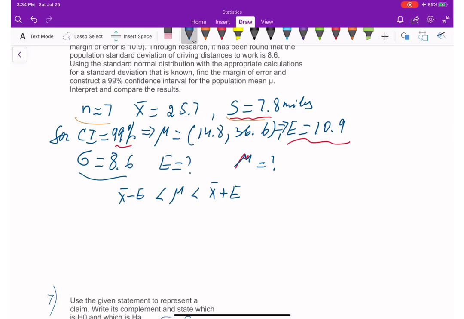So margin of error E is equal to z critical times sigma over square root of n. For 99%, z critical is going to be, let me see.